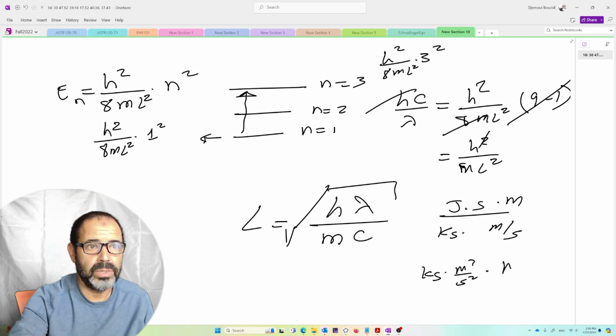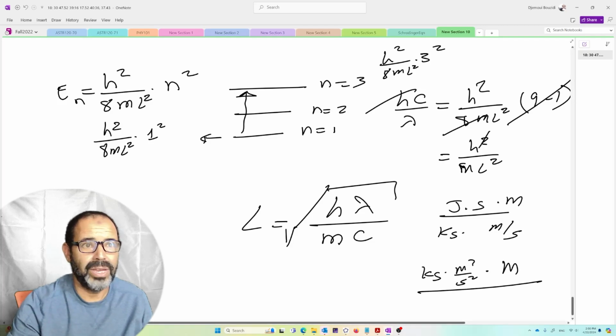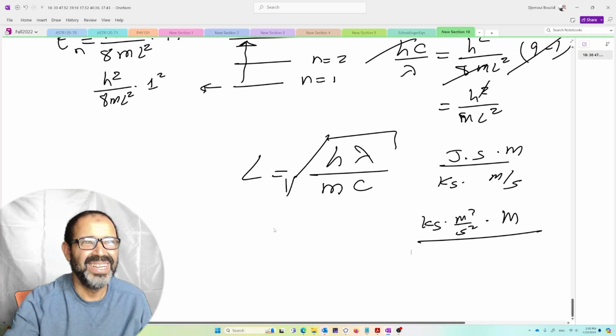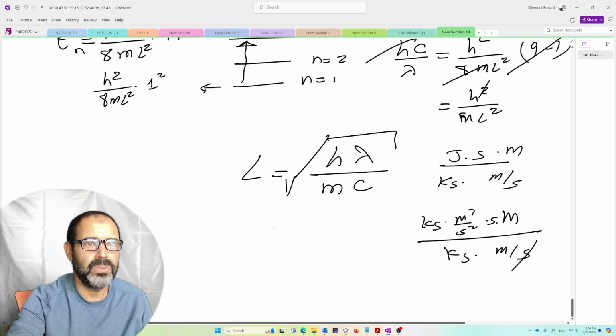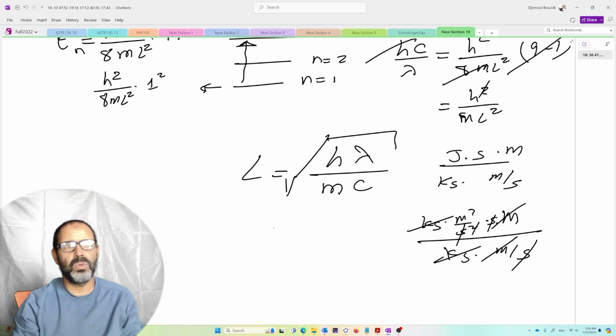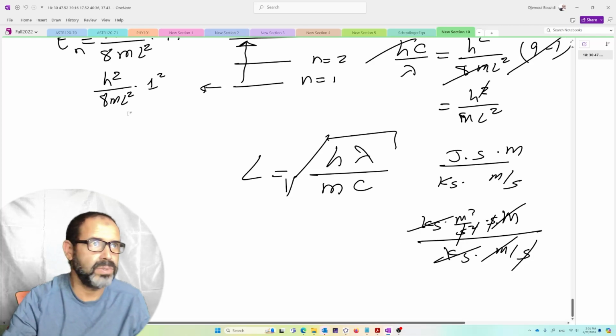Okay, so that makes more sense now. I'm happy, I think. Let's see, make sure it works. Okay, and times second, of course, from the action, because there is an s in here. So this is joule times second times meter divided by kilogram meter per second. One of the seconds cancel this one, the other second cancel that, the meter cancel the meter, the kilogram cancel the kilogram, and we have meter squared and the square root, which is meter, and all makes sense.